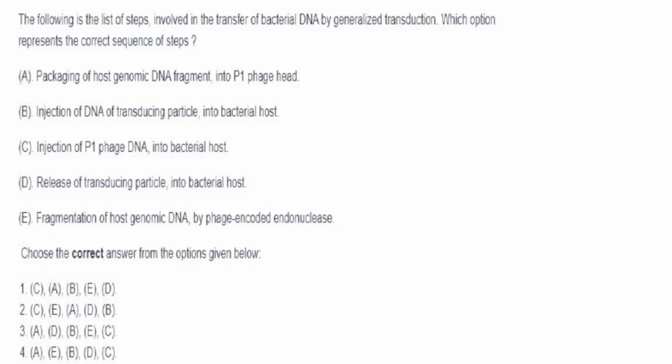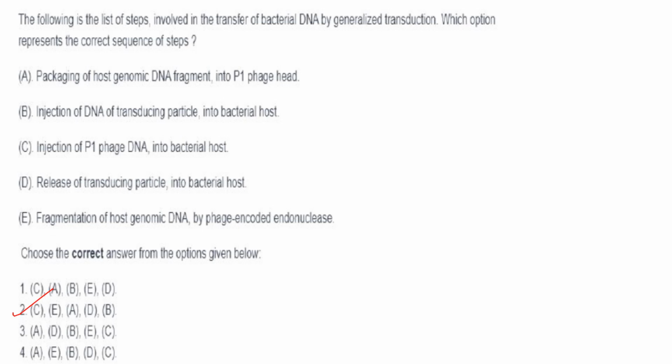So here, the first one will be injection of P1 phage DNA into bacterial host. So 1 and 2 you have to see, 3 and 4 need not. So C is the first step. Then comes fragmentation of host genomic DNA by phage encoded endonuclease, so E will be the answer. So CE.